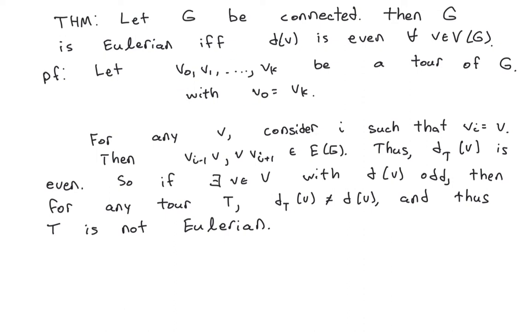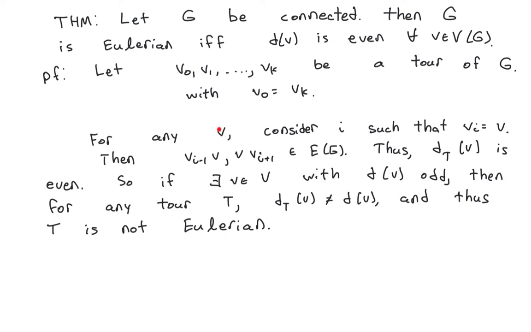All right, so let's actually look at this theorem. Suppose I have a tour with the first and last vertex being the same. Note that that means that each consecutive pair forms an edge in the graph.